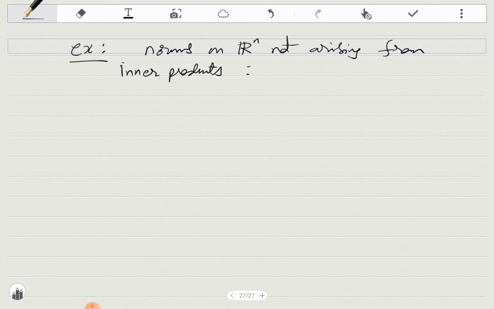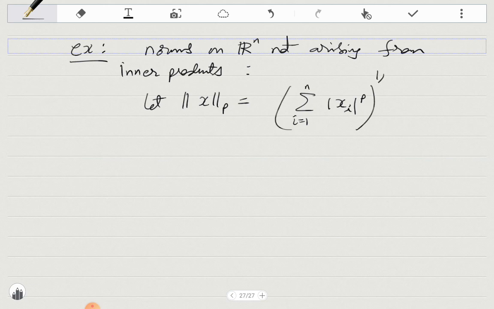Let the p-th norm of x be defined as the sum of the absolute values of x_i to the power p, i equal to 1 to n, and then take the 1 over p-th root.